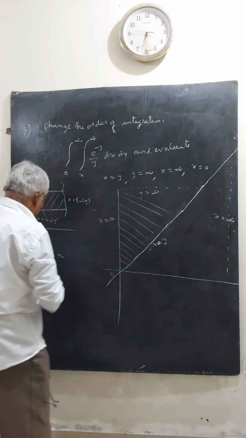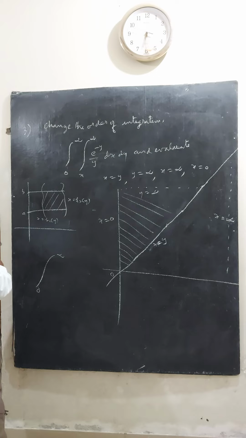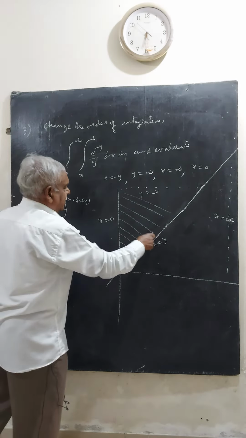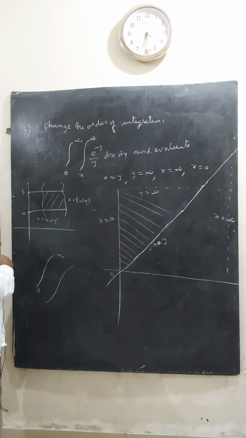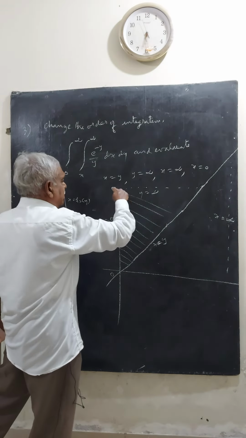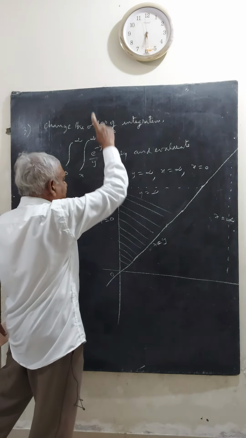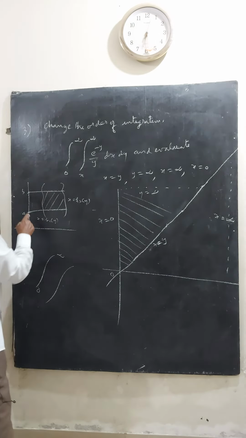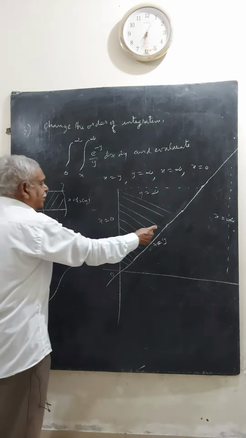Y is 0 to infinity, and x is the curve from left to right.